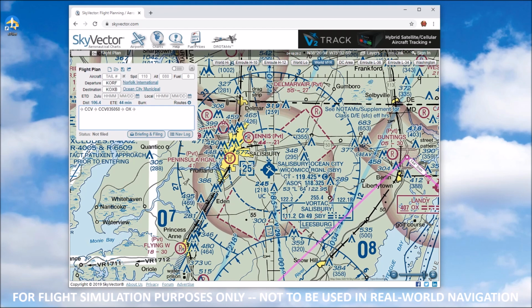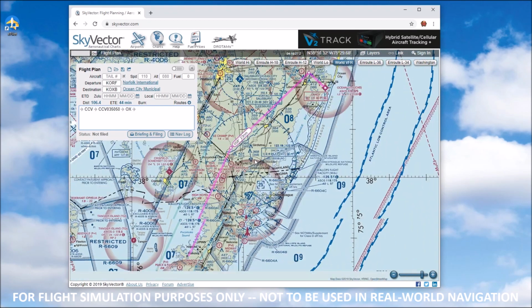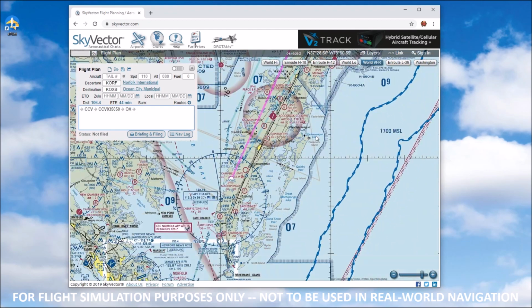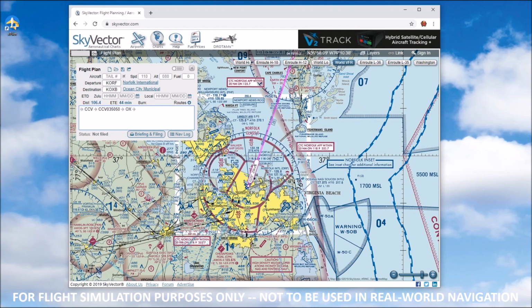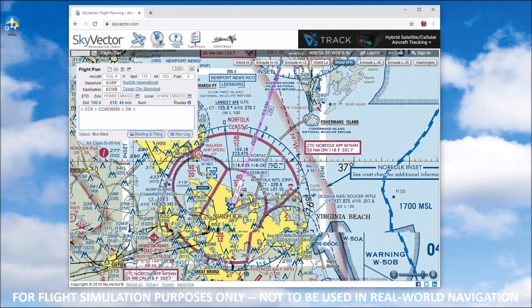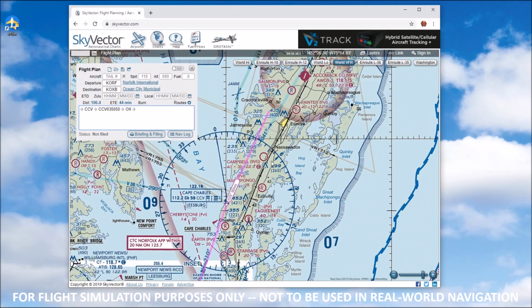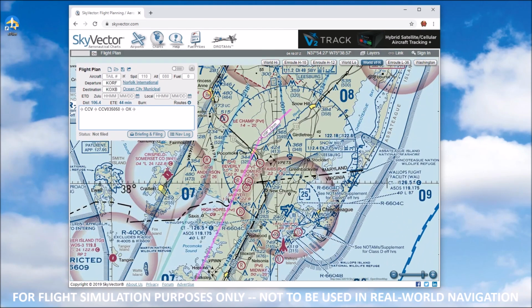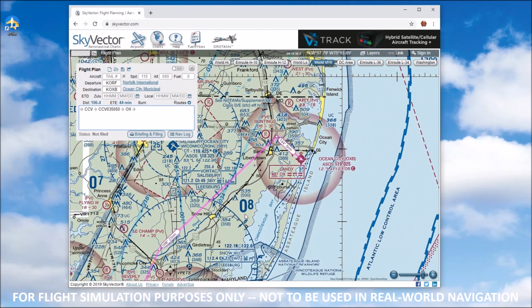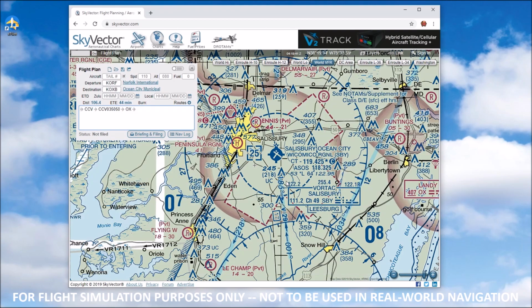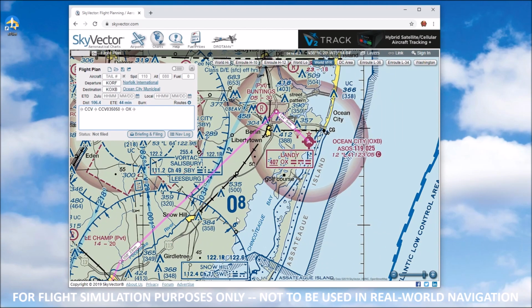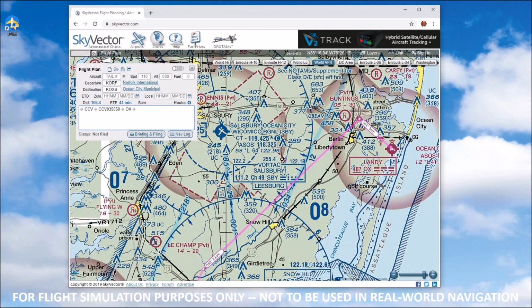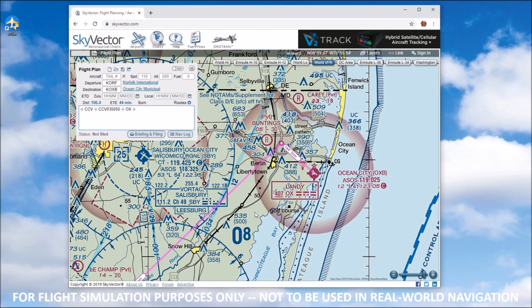My feeling, though, is in a flight like this, where you're going to be doing most of it outside of controlled airspace, with the exception of right down here around Norfolk when we depart, this path takes us very much away from any other controlled airspace, and there's no real reason to be overflying Salisbury when we can stay well outside into the Class Echo airspace and not be anywhere that we would need to talk to a controller.